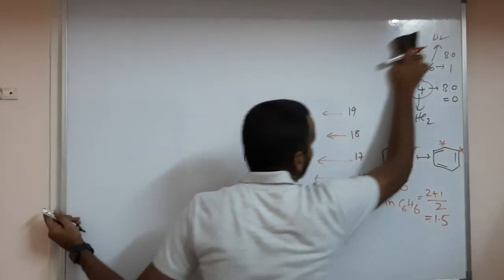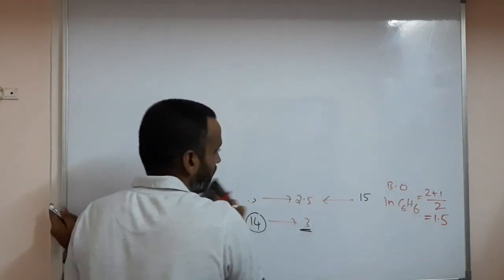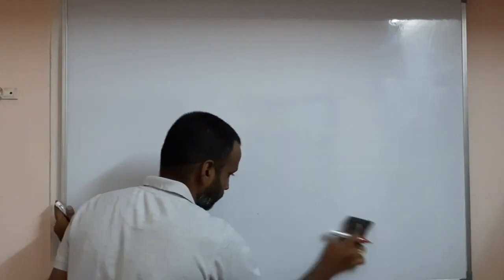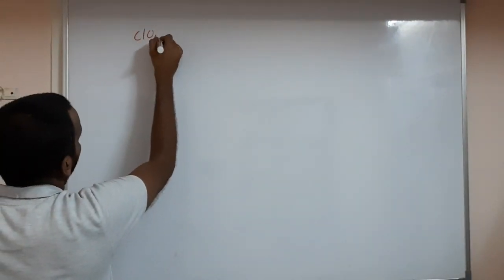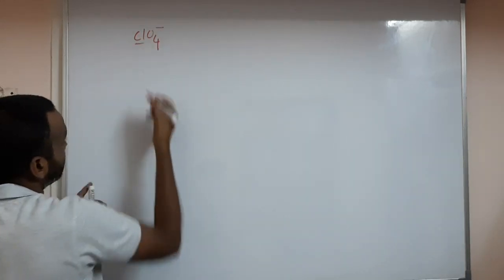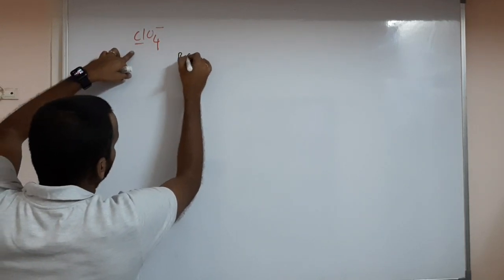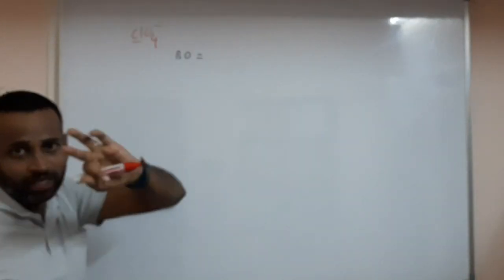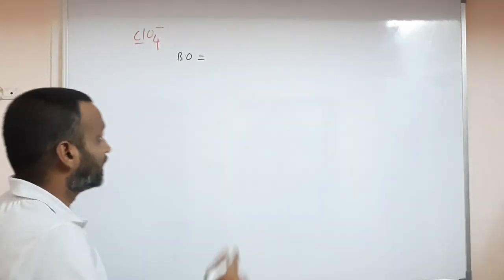I said in different molecules. So bond order, one more way also you can say, a simple short way. Suppose when they give like this ClO4 minus, what is the bond order in this molecule? Then you have one simple trick. When any central atom, meaning less electronegative, I told you.